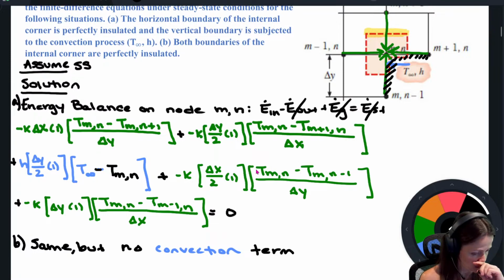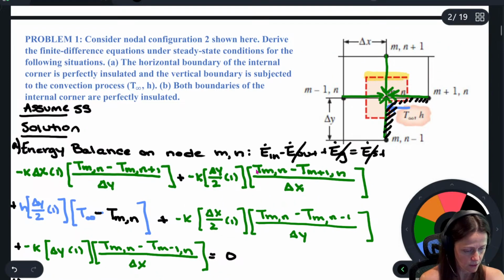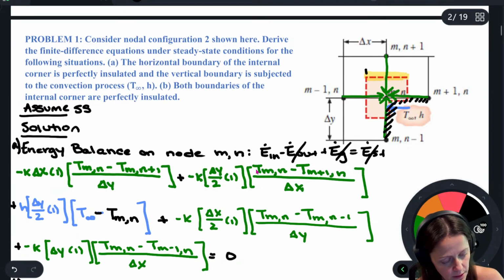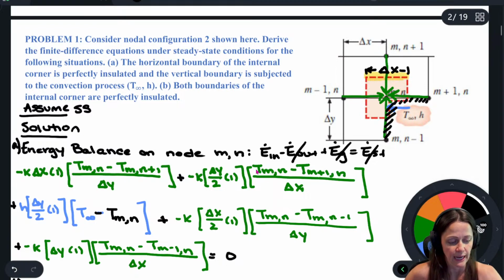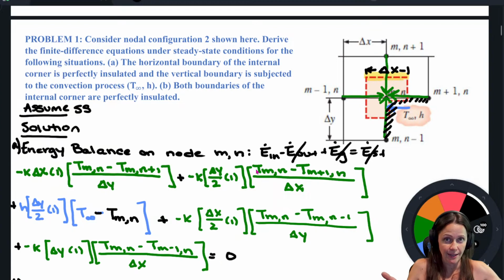The difference between the two. So that distance right there is delta x, right? And so the area would be delta x times delta z into the screen. That would be the area through which it's going perpendicularly. Delta z is just 1. Okay.